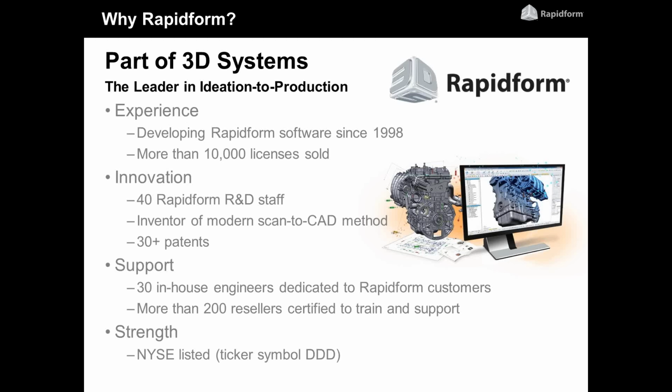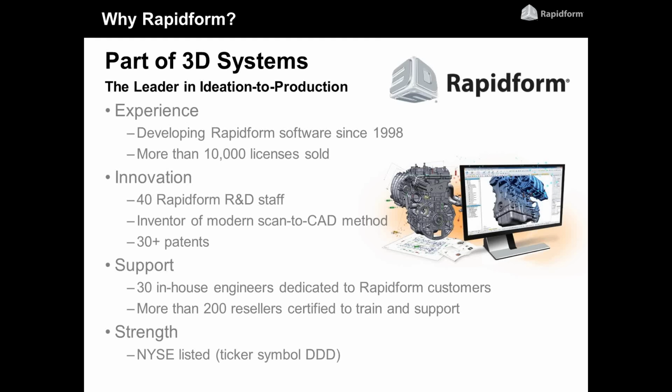We really are an innovator of the modern scan-to-CAD workflow. What I mean by that is CAD is typically parametric in nature, with a feature tree, parents, which are features like solids and extrusions, and children, which are features like sketches.